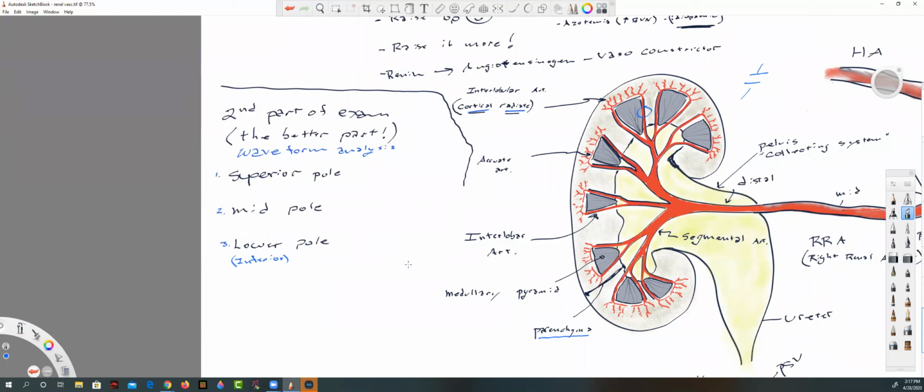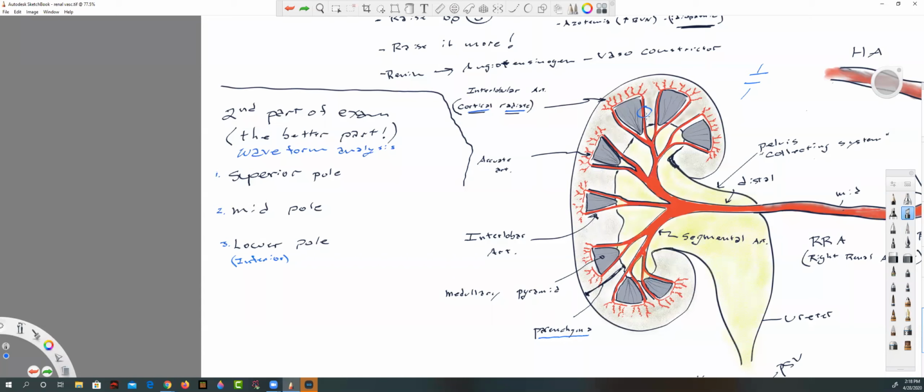And I don't care if you are struggling and you only get one waveform and the rest is missing because the patient moved. It's not ideal, but it's good enough, because if it's one clean waveform, it is enough to at least let us know, was there tardus parvus or not.